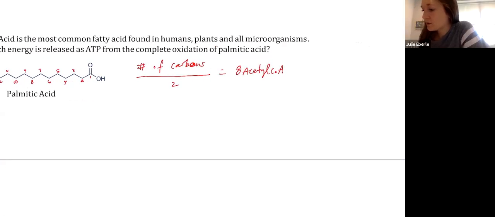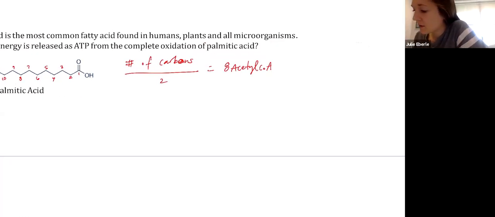Then what do we need to do to 8 acetyl-CoA? How many ATP are we going to get just from the production of 8 acetyl-CoA? For every 1 acetyl-CoA, how many ATP do we get?